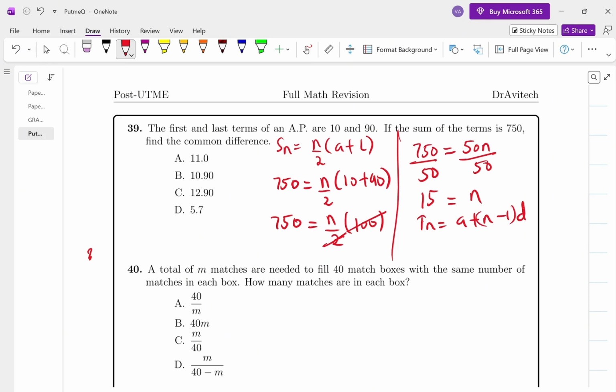So 90, the last term, is equal to the first term, 10, plus 15 minus 1 bracket, times d, which we're looking for.